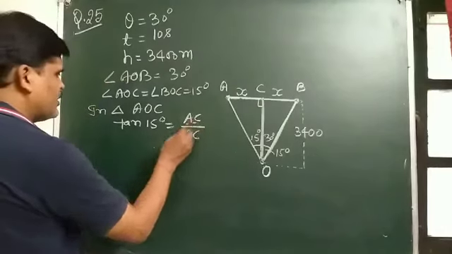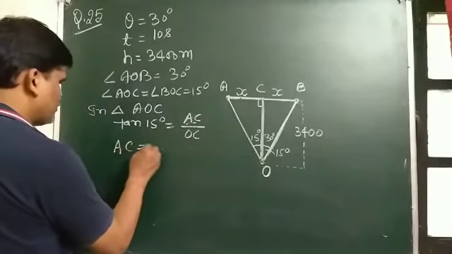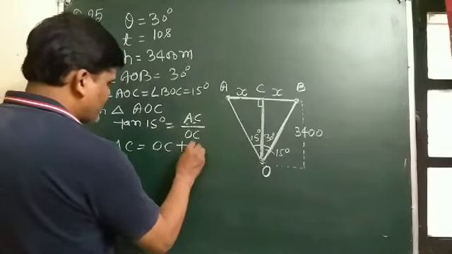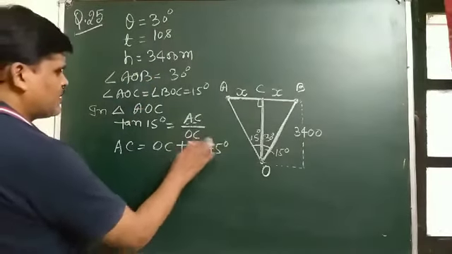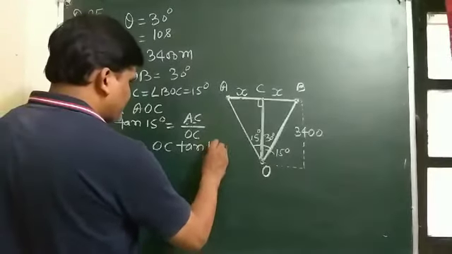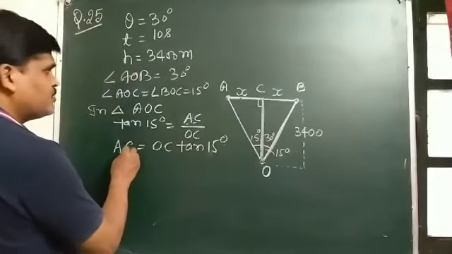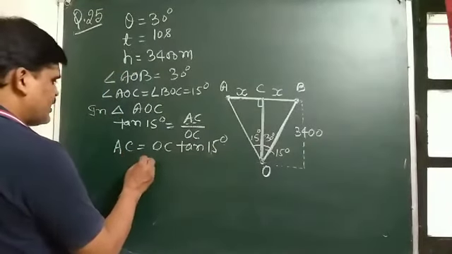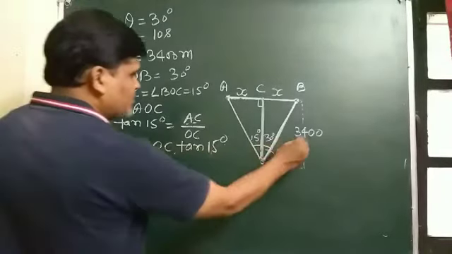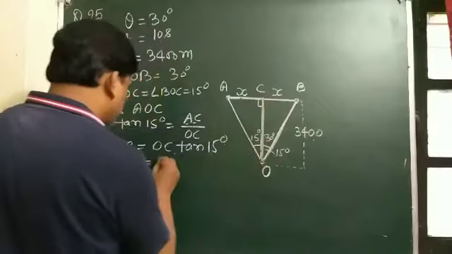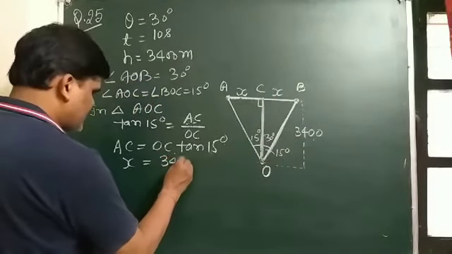So AC can be written as OC tan 15 degrees, where AC is x and OC is 3400.